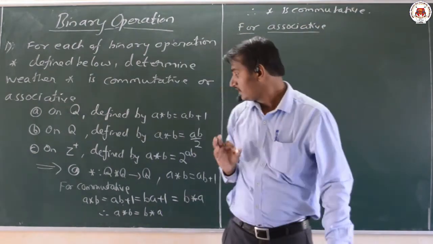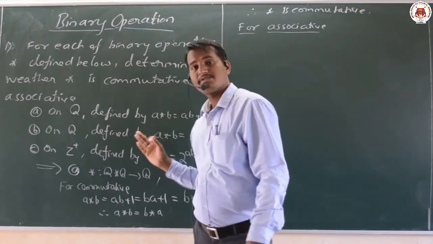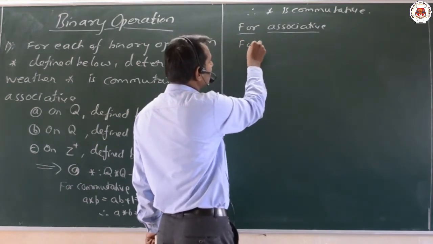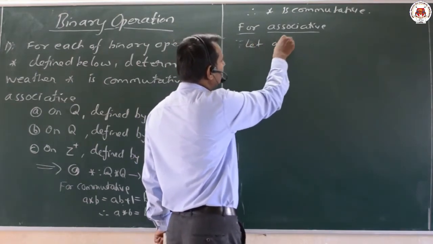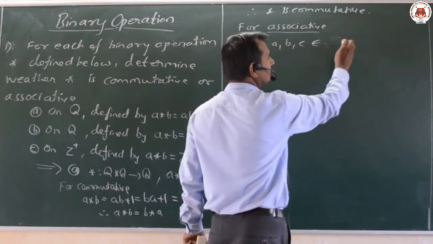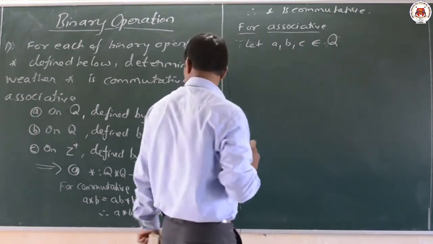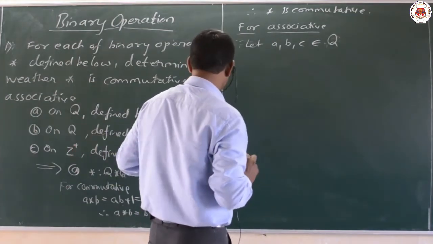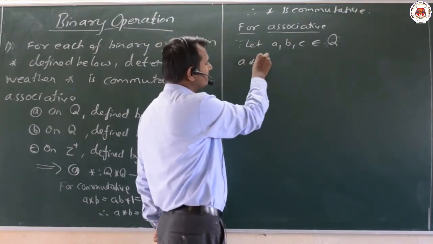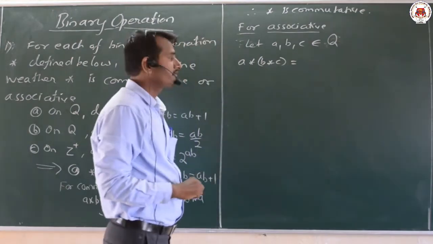For associative, let a, b, c belong to the set Q, the set of all rational numbers. Then a star b equals ab plus 1. That means here a star of b star c.